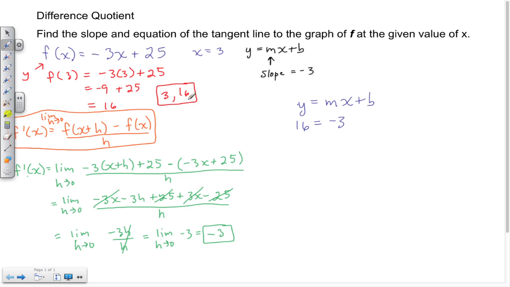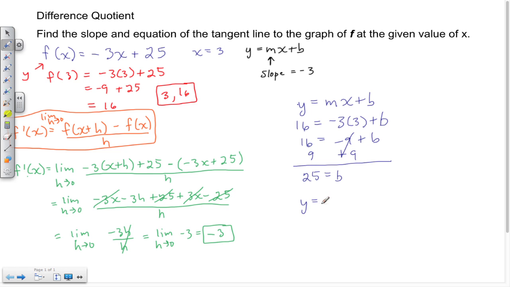We know x is 3, plus the y-intercept, which is known as b. So I have 16 is equal to negative 9 plus b. Now I'm going to add 9 to both sides so I can isolate b by itself. These 9's cancel, and I have 25 is equal to b.